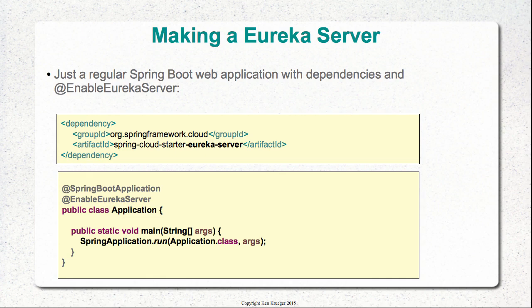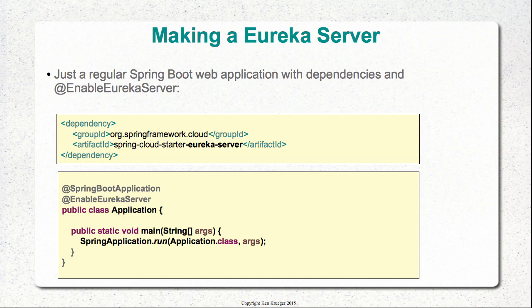So in your dependencies, one of the dependencies that you would include in your Spring Boot application is a Spring Cloud Starter Eureka server. And this brings in all of the necessary Netflix libraries plus the Spring Cloud libraries that kind of wrap the Eureka libraries.